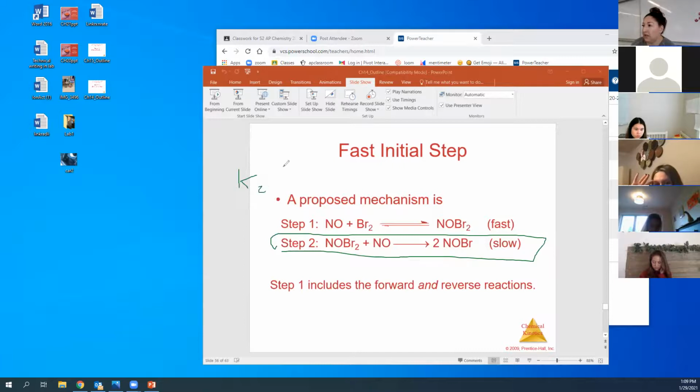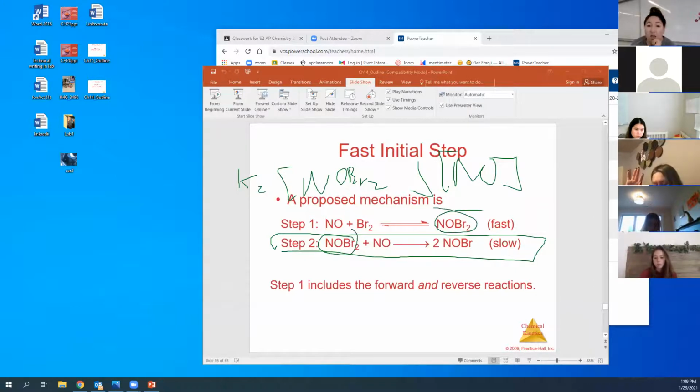Okay, it's K times NOBr2 times NO. If there's no intermediate, that's the rate law. But this guy, we cannot have that show up in the rate law. It gets consumed. So we had to go back to this one and solve for this and substitute that in here. Does that make more sense, Dylan?